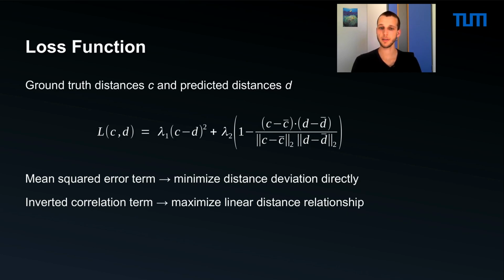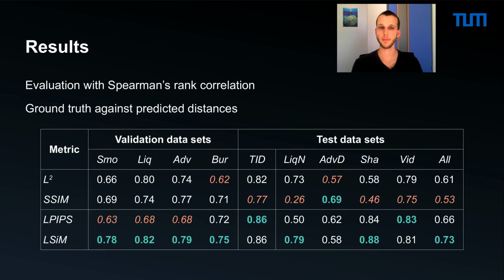Then we have the second term, and this is an inverted correlation term that maximizes the linear distance relationship between both distributions, and is mainly important for the end of the training, where the order of the different predictions is shuffled around.